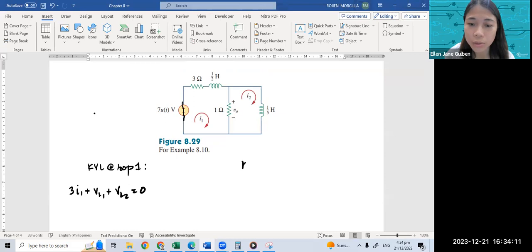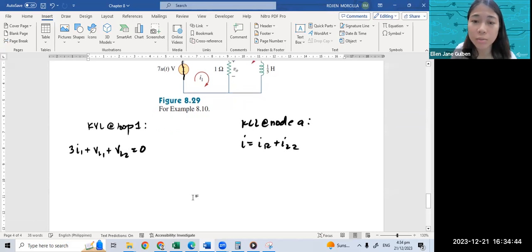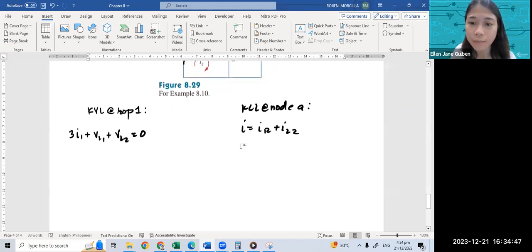Then on the other side, we'll be doing KCL at node A. Node A, we get I is equal to IR plus IL. Now we'll be solving it based on the voltage. Okay. So this one, we're converting it to voltage, I1, IL1.